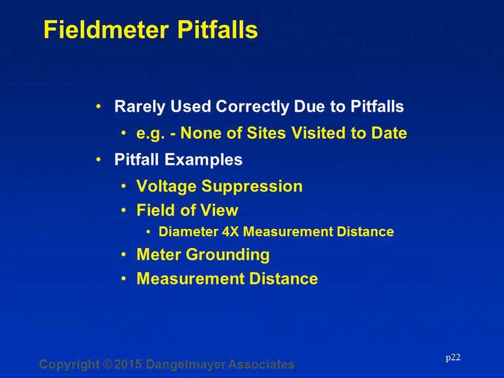One of the reasons for that is that the field of view of the meter is 4 times the measurement distance. And generally, people use meters with a 1-inch measurement distance. So therefore, the field of view is 4 inches. And those measurements take into account anything within that viewing circle.